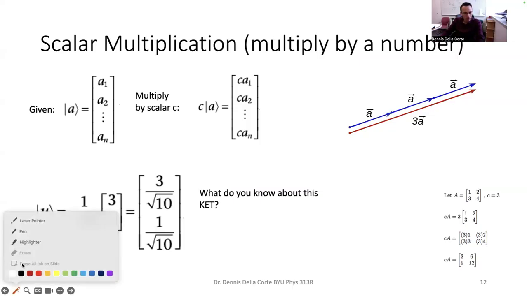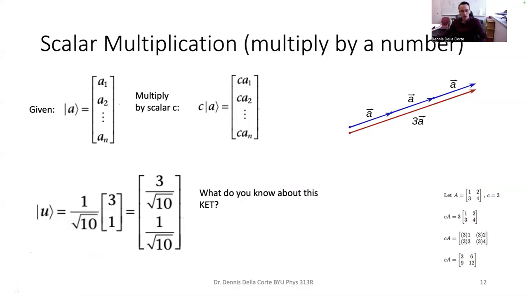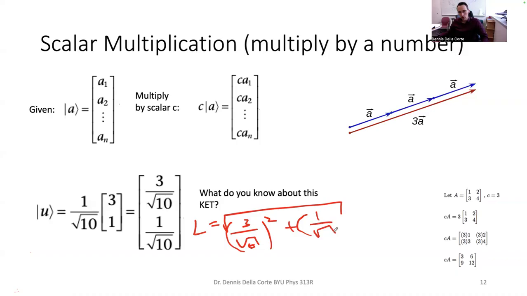Let's get rid of my pen here. So if we do the same calculation as before to figure out the length of this vector, that is now going to be the square root of this guy squared. So (3 over square root of 10) squared plus (1 over square root of 10) squared.